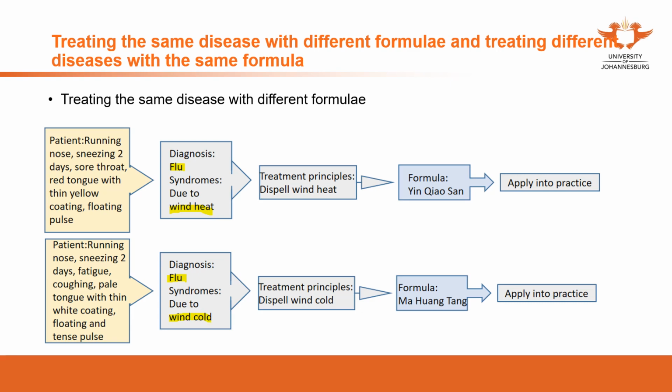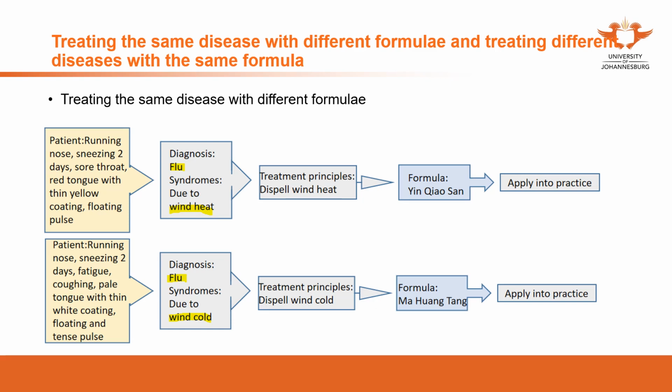The reason they got different symptoms is because of the color of the tongue, the color of the coating, and also the pulse. The lady got the red tongue and yellow coating. This gentleman got a pale tongue and white coating. Also, this gentleman got fatigue. So in this condition, we diagnose it as wind cold.